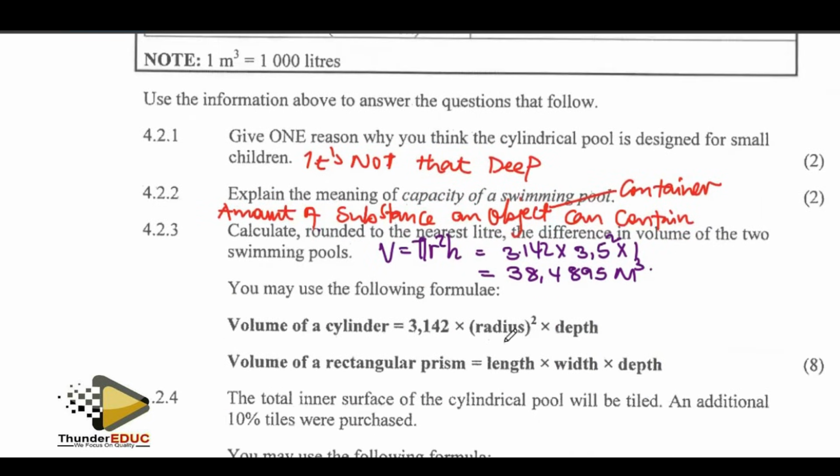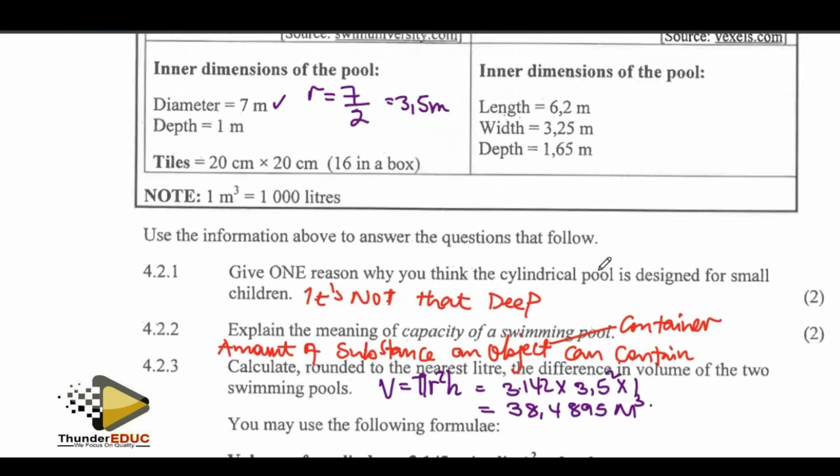And remember you're looking for the difference, which is the subtraction between the volume of the two swimming pools. So the other volume is L times B times H, which is 6,2 times 3,25 times 1,65.